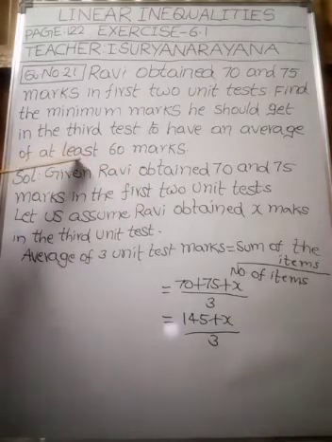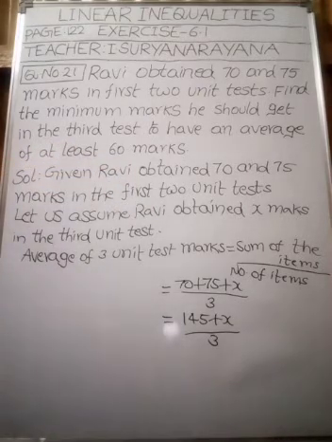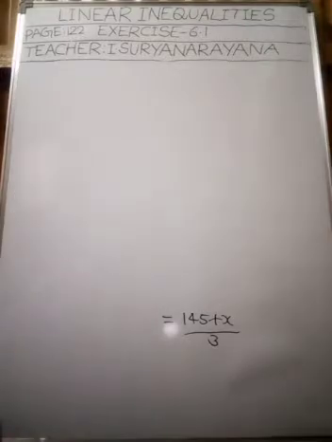At least means, which inequality sign should be used? Yes, greater than or equal to. Okay, my children, use that inequality sign. Right. Now, what is given here? Ravi should obtain an average of at least 60 marks.